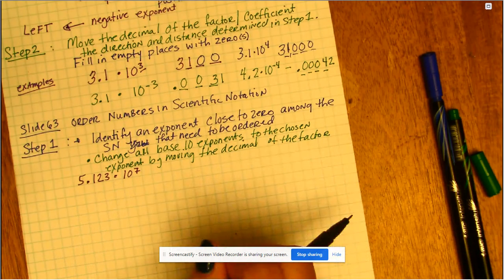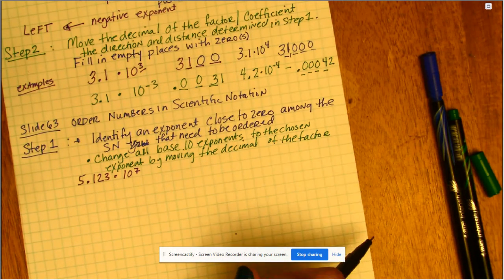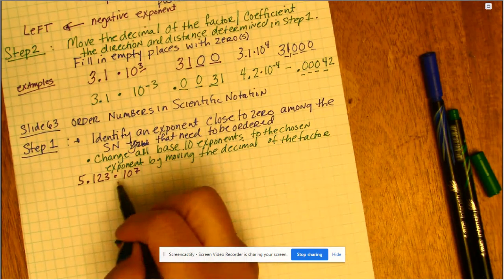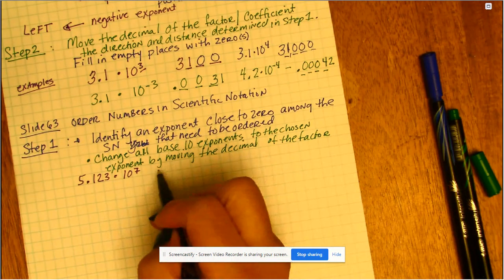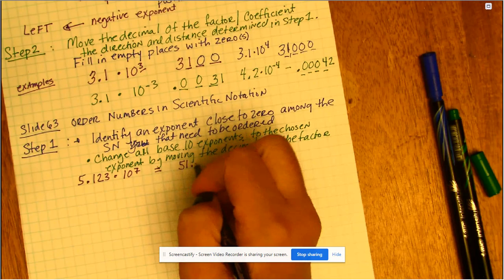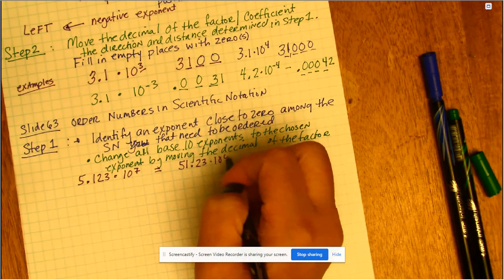Part of what we're going to be doing here is taking numbers out of scientific notation, but not all the way. So we're going to be changing it to somewhere in between scientific notation and standard form. Things to keep in mind: 5.123 times 10 to the 7th, that is equal to 51.23 times 10 to the 6th.